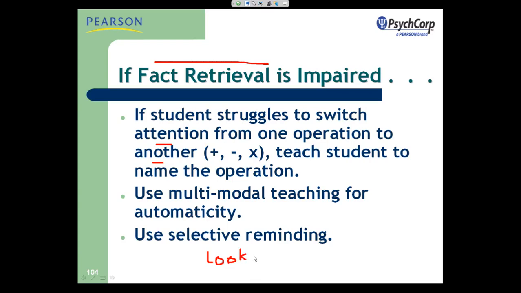Sometimes they might perform more effectively if they can look and say and then write. So again, sometimes when I say it out loud, that might be a different modality through which I receive the input. And she talks about using multiple modalities to teach automaticity, and then also using some executive function procedures, like using selective reminding.